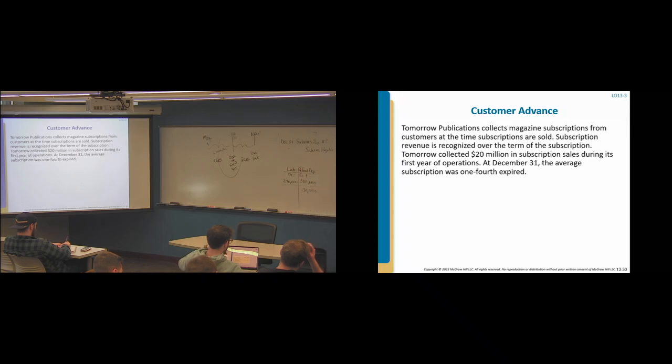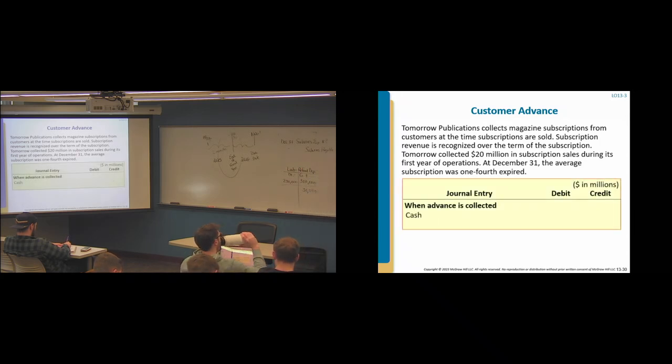So again, pretty straightforward. And we've got fairly generic account names that we're using for most of these. So when you collect the money in advance, and that's in millions of dollars, it's 20 million, just decided not to use all the zeros, a debit to cash for 20 million, a credit to deferred subscription revenue. Deferred and unearned mean the same thing. Write that down.